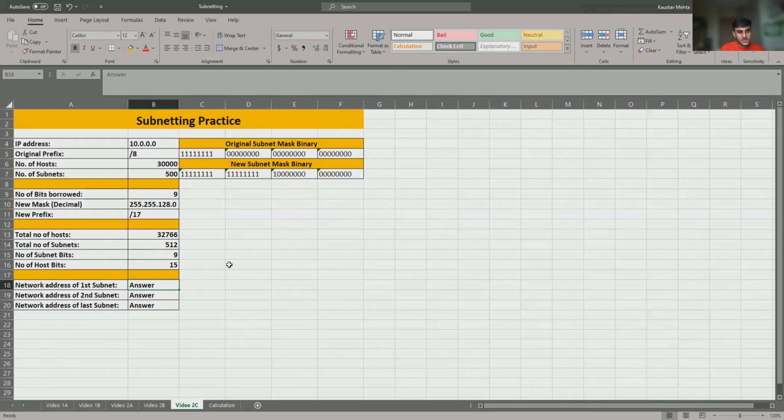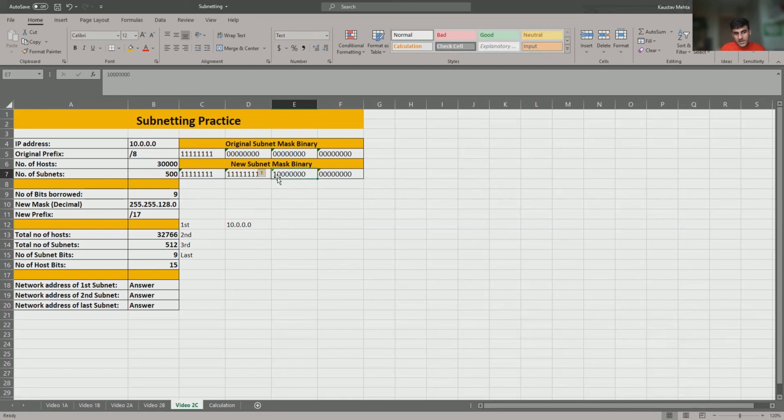Okay, now coming to the network addresses. Again, the first one we're starting off with will always be 0. So the first, second, third, and then let's go to the last one. The first one will be 10.0.0.0.